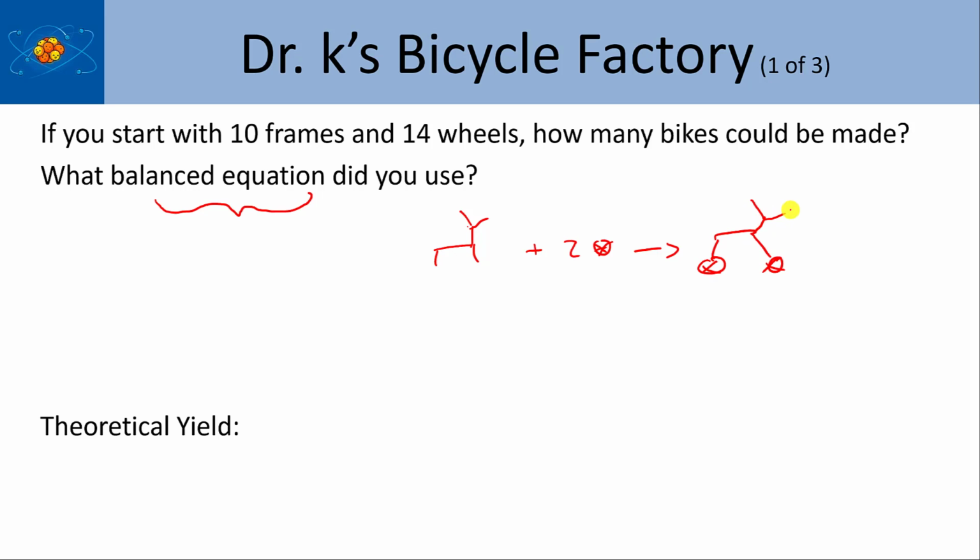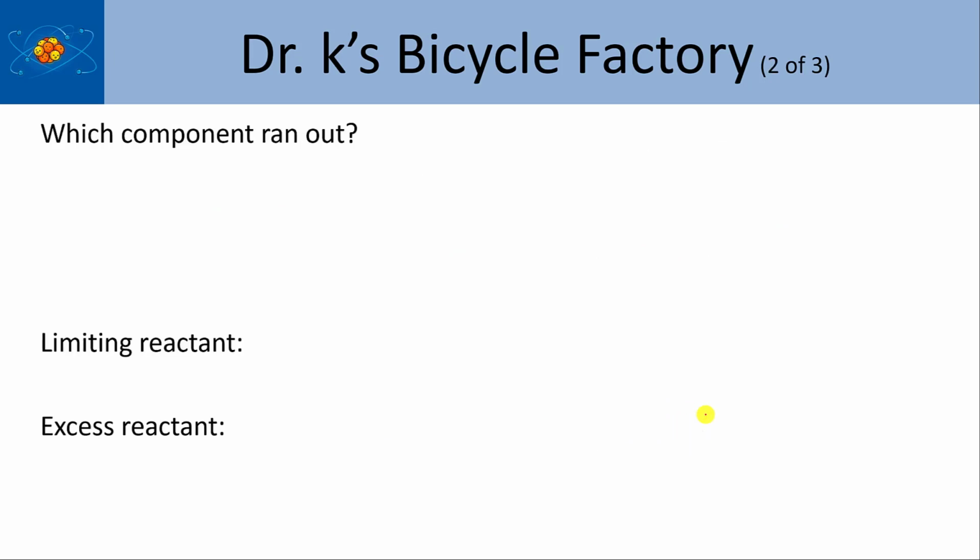And then I got a theoretical yield, right? And the theoretical yield was based on the limiting reactant. When it's based on the limiting reactant, what we're saying is that the limiting reactant ran out.